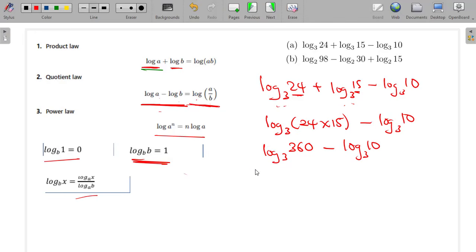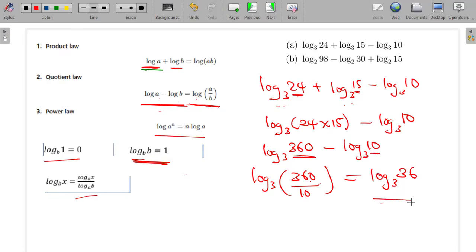So this is going to be log base 3 of 360, that's your A, divided by 10, your B. 10 divided into 360, you just get 36. So our value there is log base 3 of 36. The question just required us to simplify it like that.